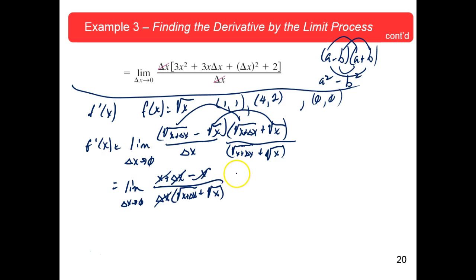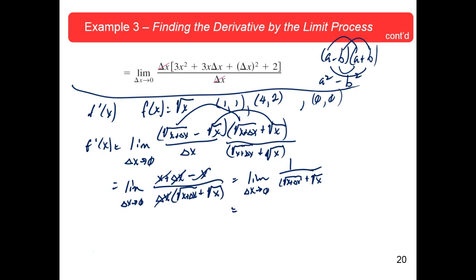That leaves you with the limit as delta x approaches 0 of a numerator that's just a 1, over the square root of x plus delta x plus the square root of x. And someone tell me what that limit is as delta x approaches 0.